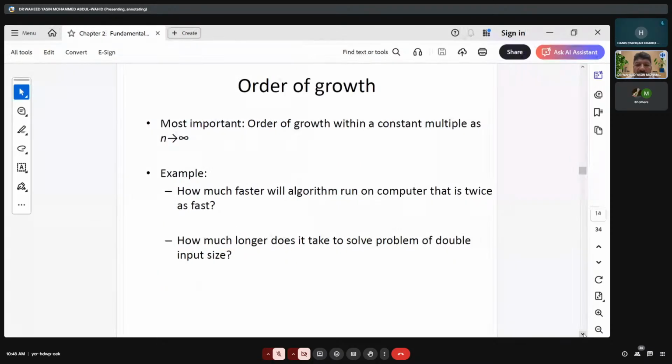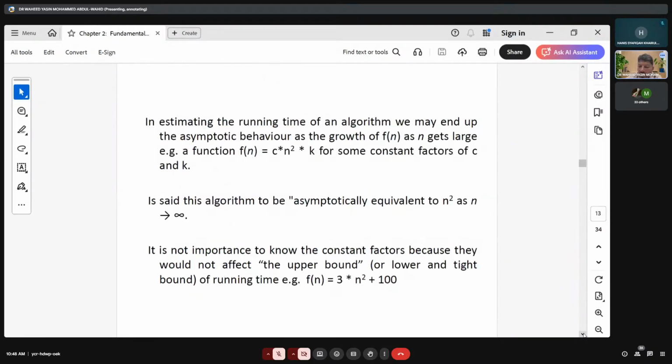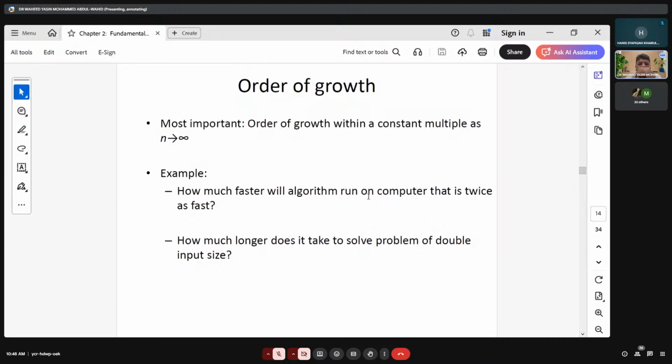The most important thing is the order of growth within a constant multiple as n goes to infinity. Example, how much faster does the algorithm run on a computer that is twice as fast? How much longer does it take to solve a problem of double the input size? Here we have a fast computer, and here we have double the size of the problem.